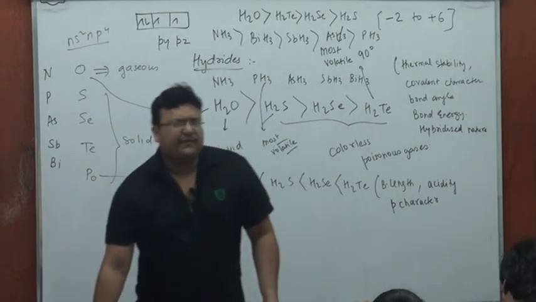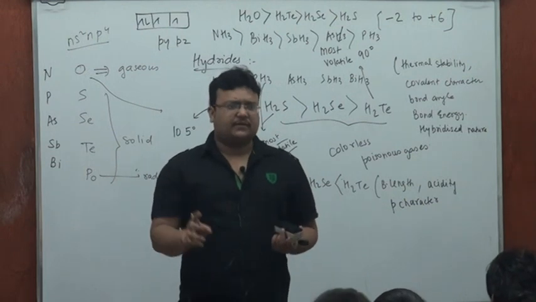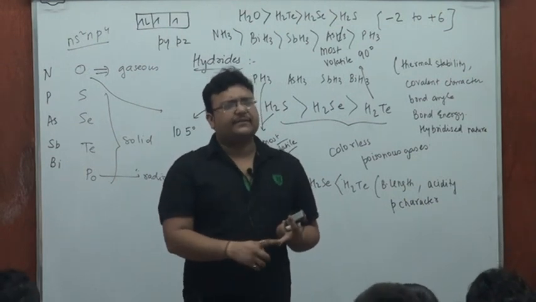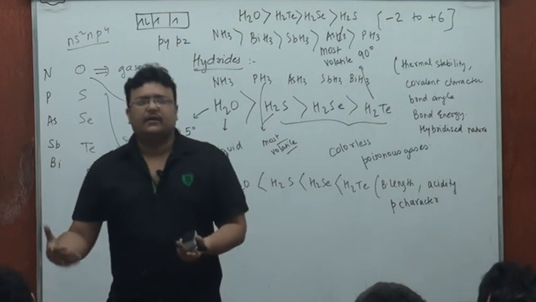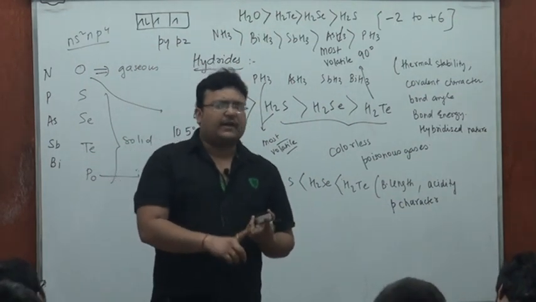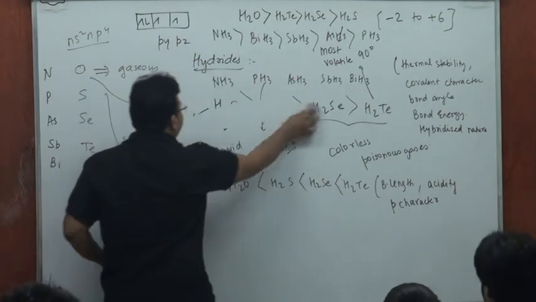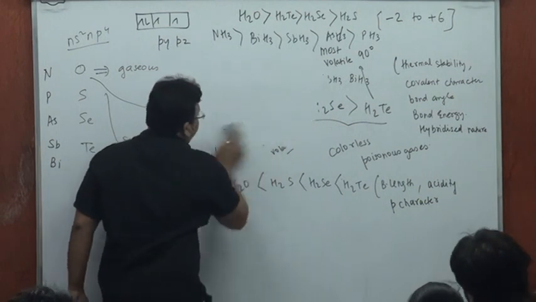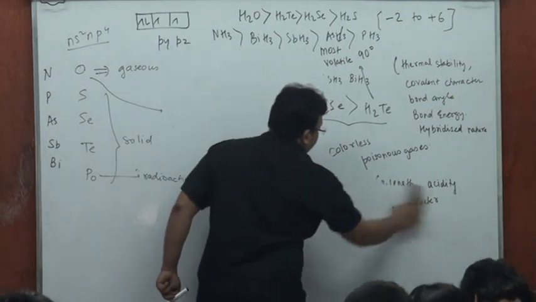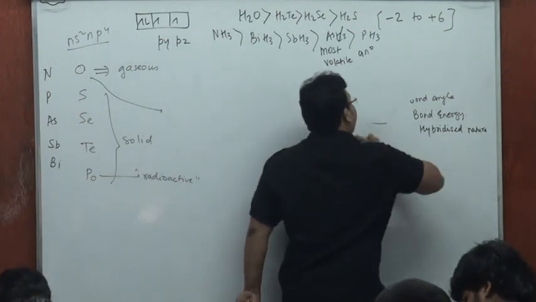And I guess I told you before, for group 6, you'll have two kinds of oxides, dioxides and trioxides. We have grown up learning sulfur dioxide as sulfurous anhydride, sulfur trioxide as sulfuric anhydride. So we are aware of two oxides of group 6. But out of these two oxides, I might have said before, dioxide is the natural oxide.